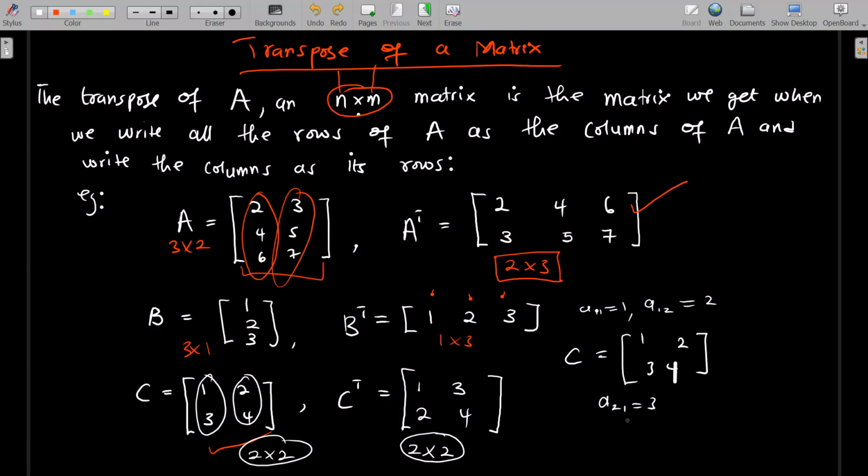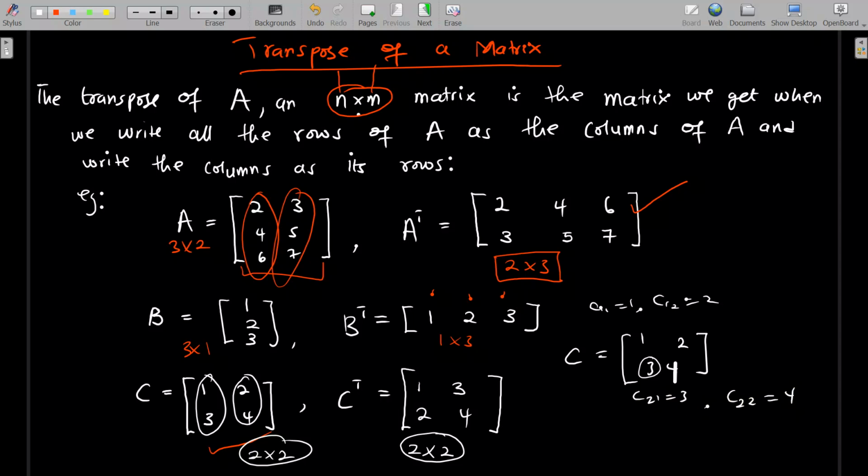So row 2 column 1 is this 3, and then row 2 column 2 is 4, right? So A22 is 4. Or maybe C, I'm so sorry, I used A, but what I meant to write was C11 and the rest, okay? Sorry. So C11 is 1, C12 is 2, C21 is 3, and C22 is equal to 4.